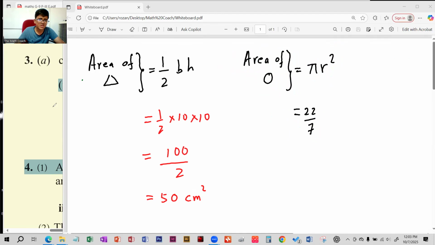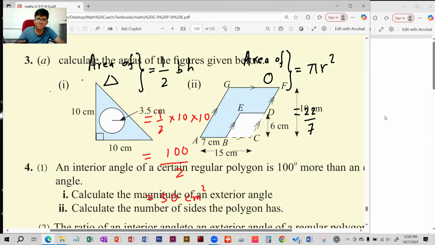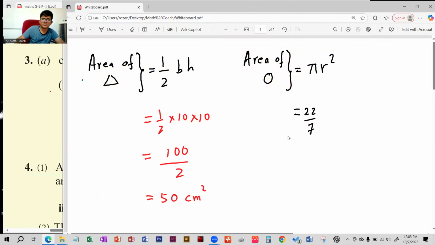So we have 22 over 7 times what? What is the radius? The radius is 3.5. So we have 3.5 times 3.5. What's the answer going to be? You can cancel the 7 with 3.5, so there are two 3.5s and 7.